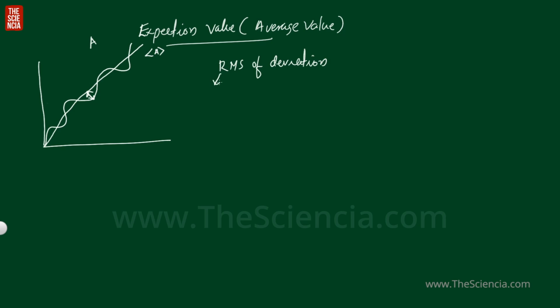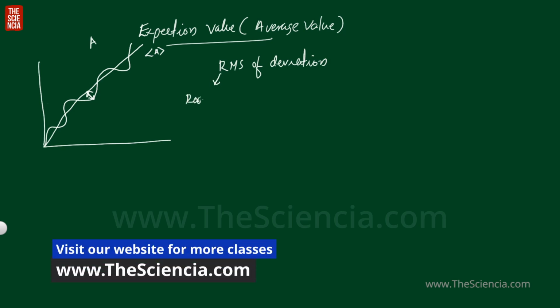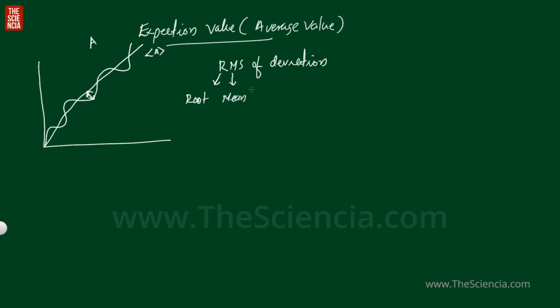That is, R means root, M means mean, S means square. That is, root mean square of deviation. That is the root of the mean of the square of deviation. That is the deviation of the quantity, this one, right?